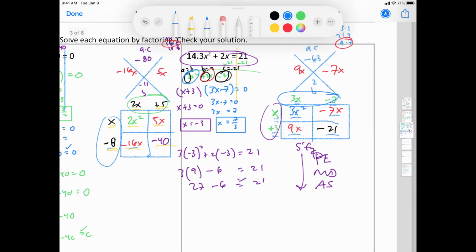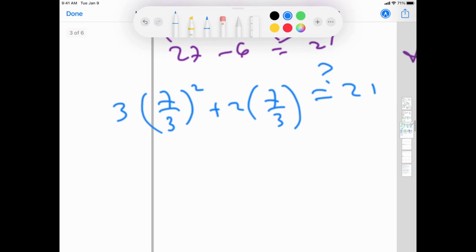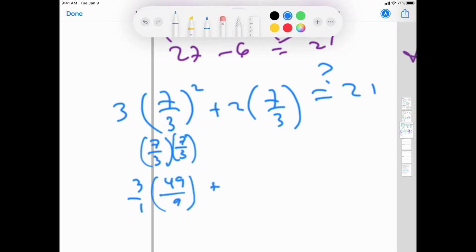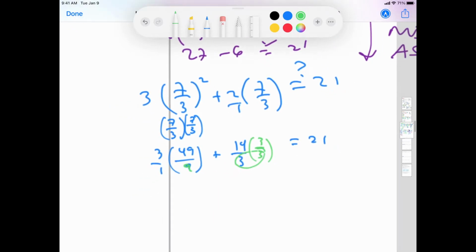Okay, 7/3. 7/3 squared times 3 plus 2 times 7/3. Does that equal 21? 7/3 times 7/3 is 49 over 9. Make a fraction out of any whole number by putting it over 1. So I get 14 over 3. I want an equivalent fraction over here. I notice that it's a 9, so I need to get that one to be a 9.